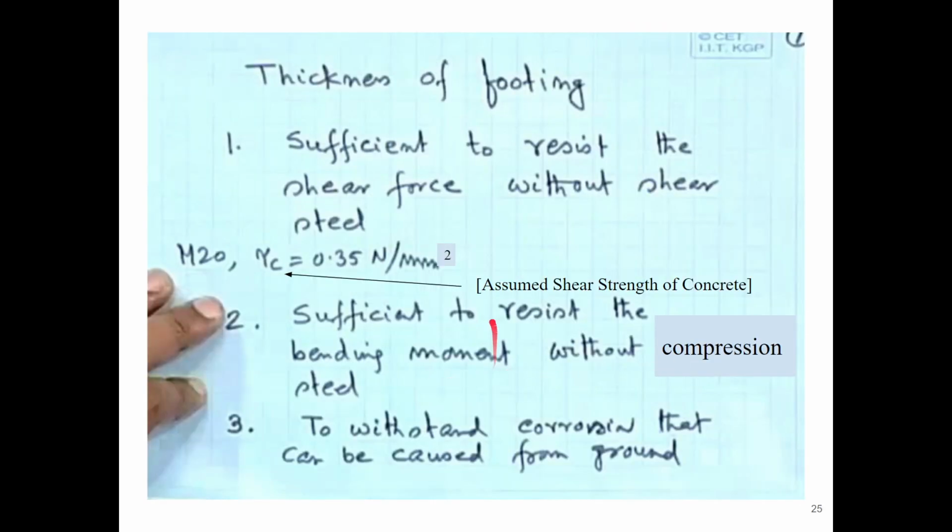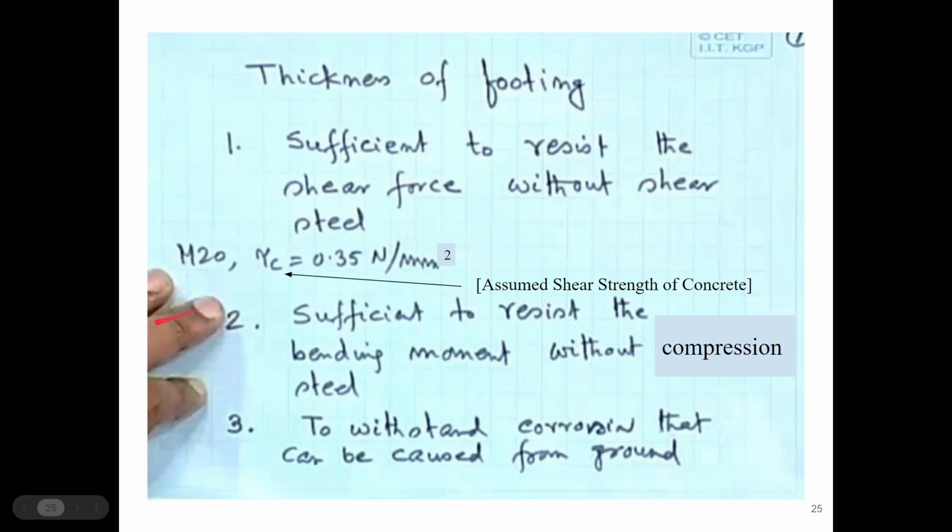Now, how much thickness of footing is required, that we need to know. Firstly, it should be sufficient to resist the shear force without shear steel. That means it should be able to resist the shear force without any requirement of shear steel. Basically we assume the shear strength of concrete to be around 0.35 newton per millimeter square for a grade of M20.